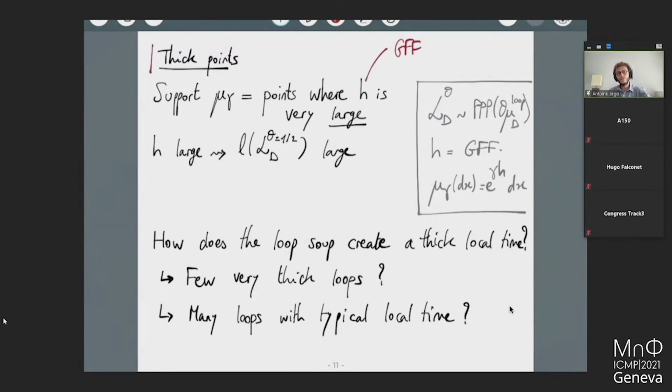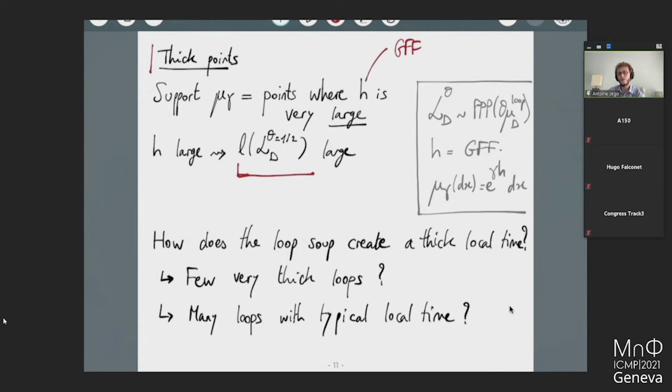And in view of the isomorphism, if h is large, then the square of h is going to be very large as well, and so the occupation field of my Brownian loop soup will be very large as well. So the question is basically how is it possible? How does the loop soup create a thick local time at a given point like this?